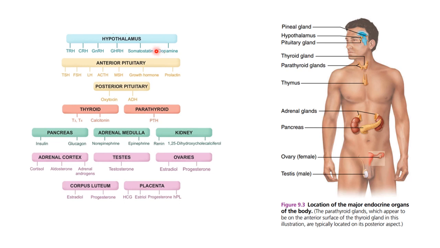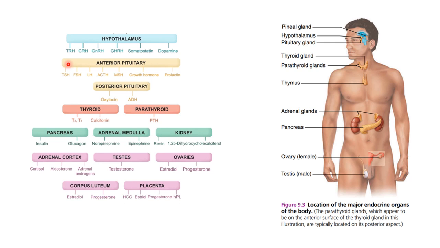So you will appreciate from this point of view that the hypothalamus secretes releasing hormones. And these releasing hormones are secreted into the hypophyseal circulation that feeds the pituitary gland.